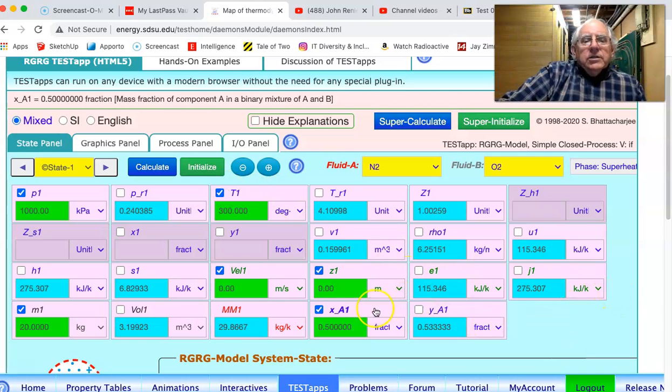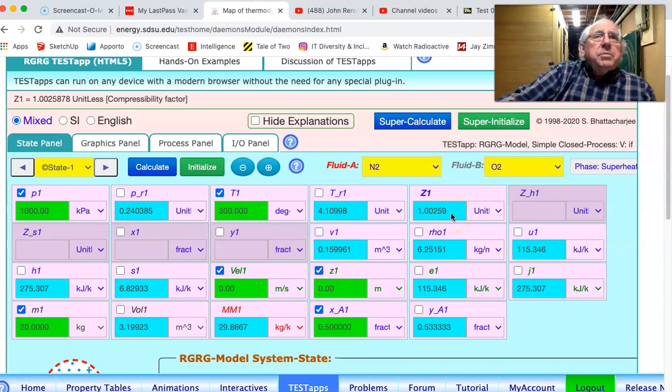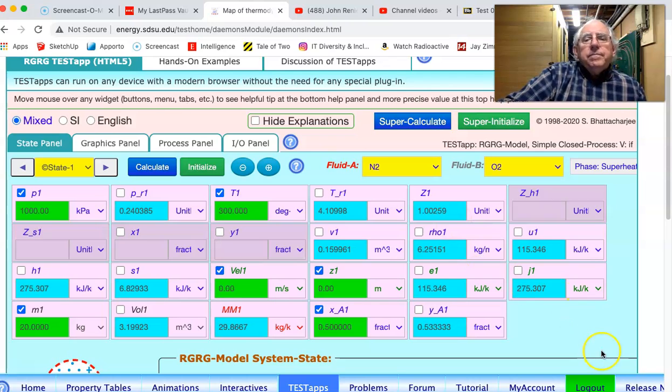What this then allows us to see is that under the real gas behavior, at this pressure and temperature for this mixture, it calculates the reduced pressure and the reduced temperature, and it calculates the compressibility factor, and the compressibility factor tells us that this initial state is very close to behaving as if it was an ideal gas.